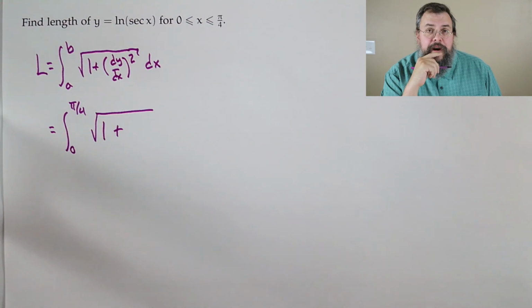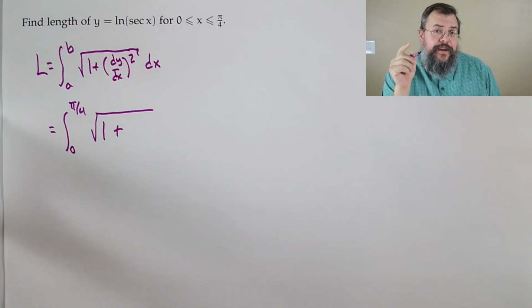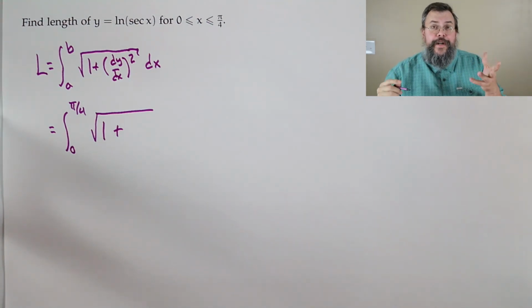Do we know what the derivative of log secant is? In fact, log secant might sound familiar, like we've heard it somewhere before. If you think back, you might say, hey, wait a second, the integral of something is log secant. You're right. Do you remember what it is? It's the integral of tangent. The integral of tangent is log secant.